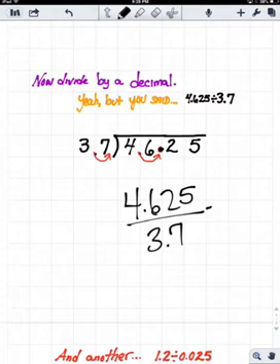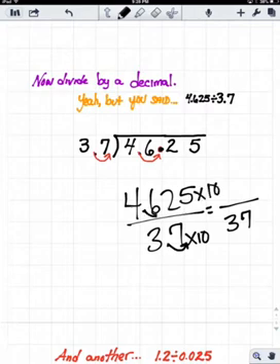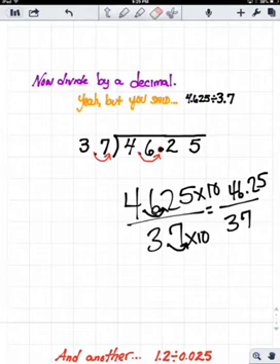And if I want my denominator to be a whole number, I would need to multiply that by 10, which moves this one place to the right, so I get 37. And since I need to keep it equivalent, I need to multiply this by 10, which moves that point one place to the right, which is 46.25. So a real quick explanation as to why we move our decimal point and why it's the same number of places inside the division as outside the division.